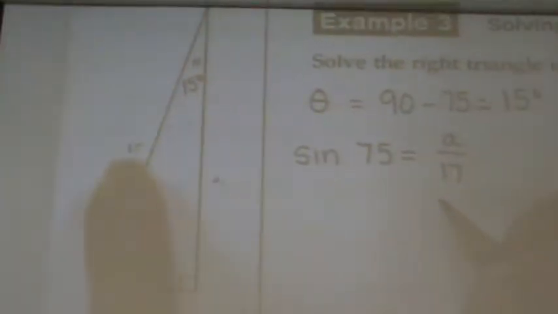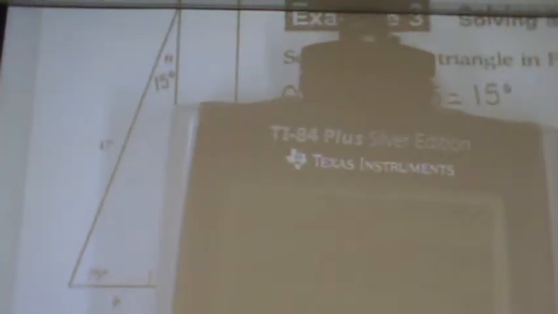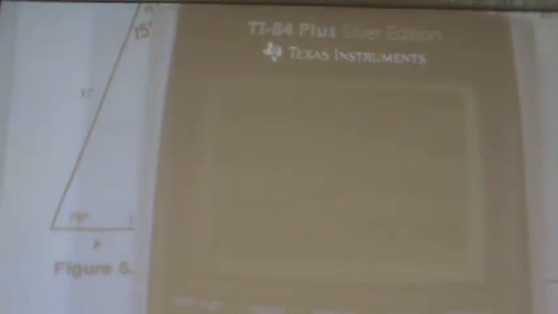So just like we did on the previous problem, you cross multiply 17 sine 75, and that would be side A. And I got 16.42. Check it out. Here's this calculator, 17 sine 75, and I got 16.4.